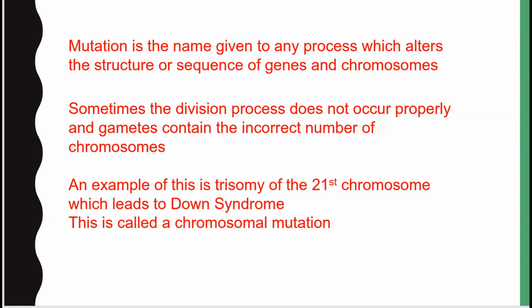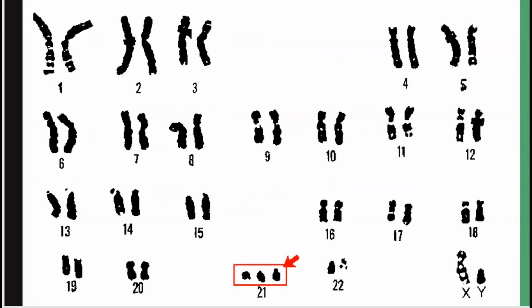So if we have a look at this diagram here, you can see that this is what's called our karyotype. They're our chromosomes when they're arranged like this, and we can see here chromosome 1, 2, 3, and you can see for each one there are 2 pairs. One comes from your mother, one comes from your father. They're different sizes. You get down here, and instead of only having 2, they have 3.